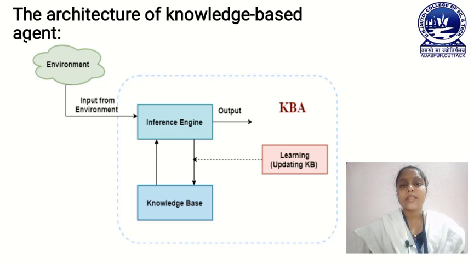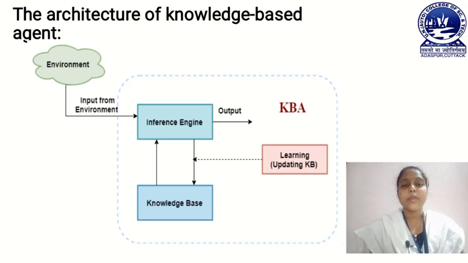Now, the inference engine communicates with the knowledge base for taking the action, because the inference engine performs the action based upon the current input along with the knowledge stored in the knowledge base of our knowledge-based agent. Then, the learning element always updates the knowledge through learning. That is the whole architecture of our knowledge-based agent.